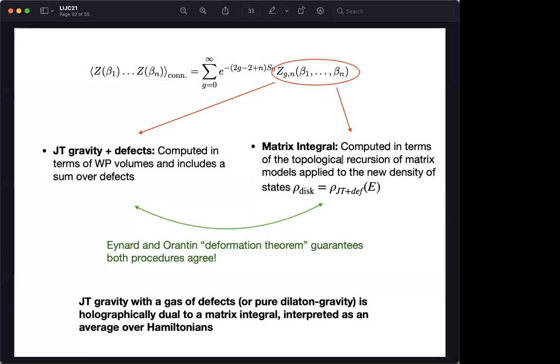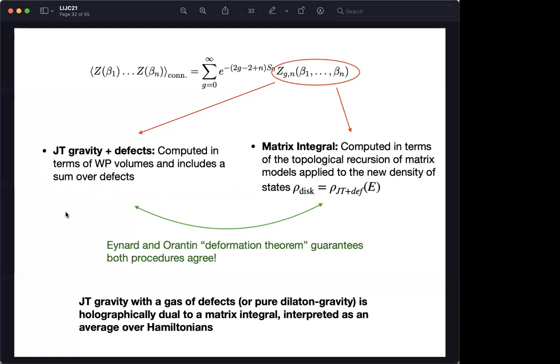In the matrix integral, you get them from the topological recursion applied to this new density of states. And there is a theorem that guarantees that these two things give the same answer. So, okay, I went over this a little fast, but that's the main conclusion of this part.